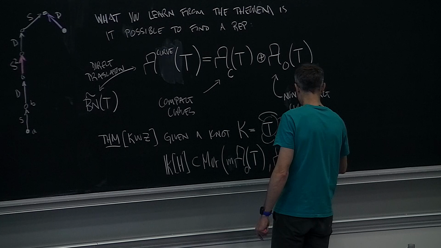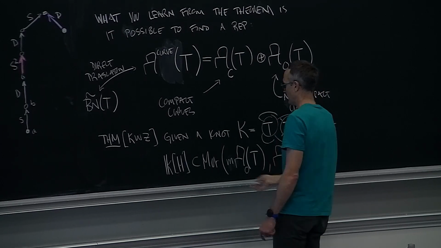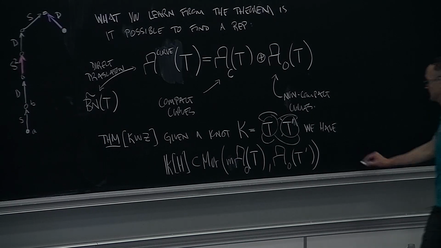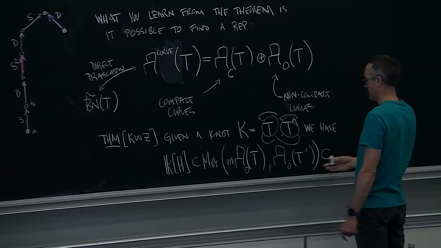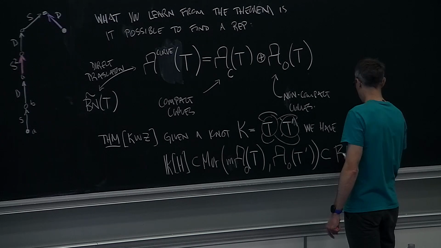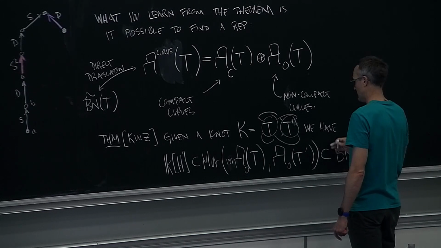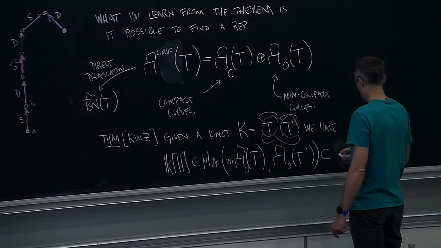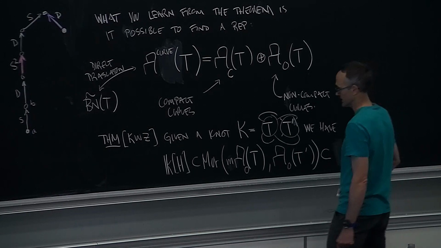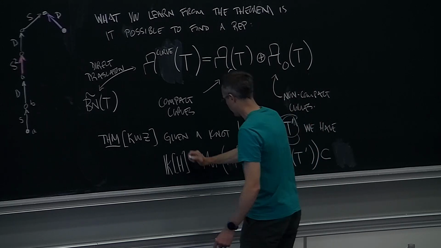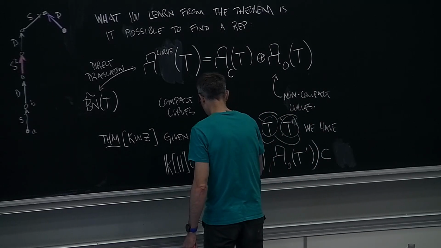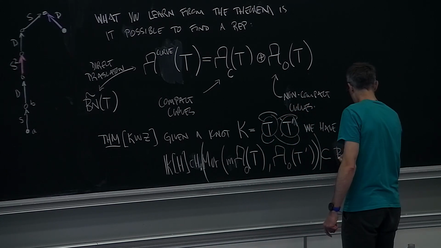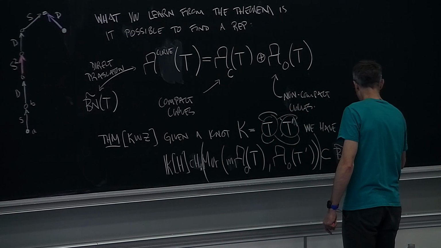So it's the non-compact curve to non-compact curve intersection that is going to contain this tower. Right, so this is the whole story. So homology here. This is inside the Bonneton complex of your knot K.